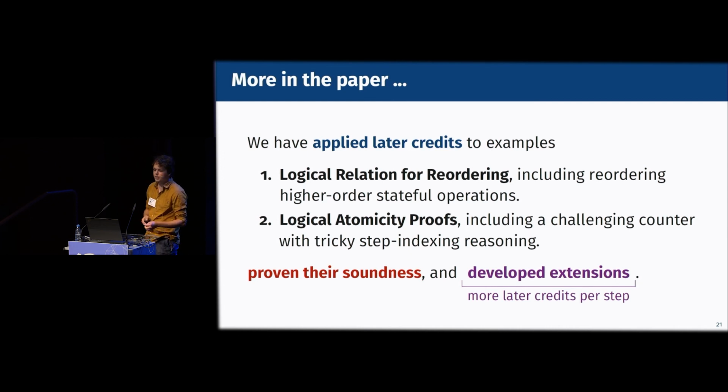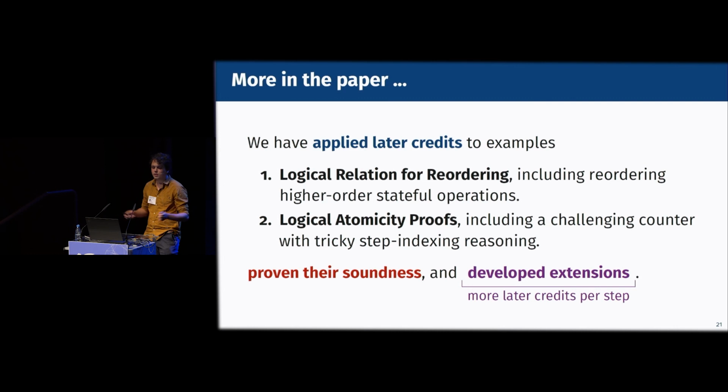As a quick side note, logical atomicity is how you prove linearizability in Iris. And when you do that in Iris, it's very easy to get in tricky step indexing situations. However, with later credits, we could simplify those. We tackled a challenging counter, and we were able to simplify the notion of logical atomicity in Iris.